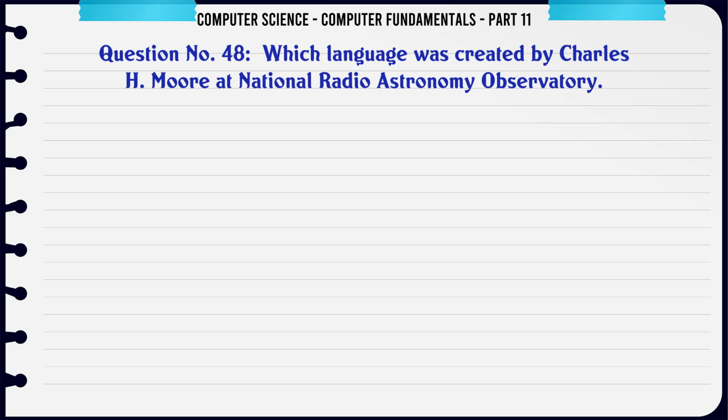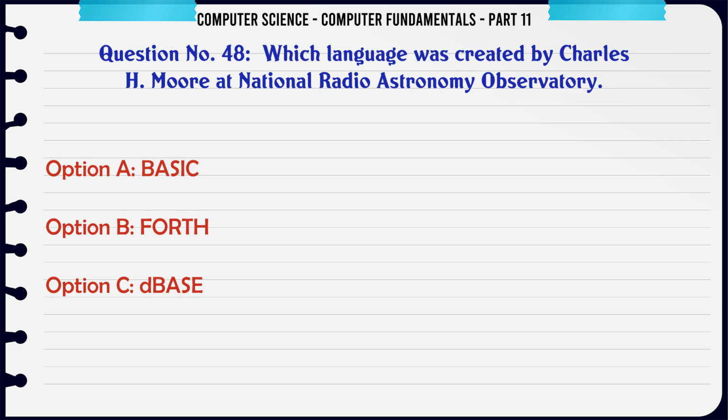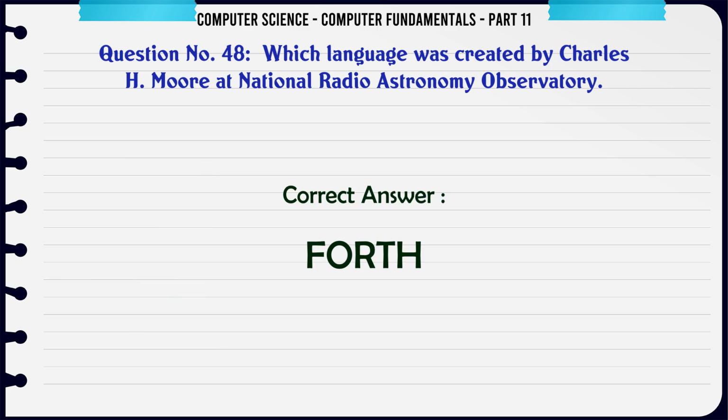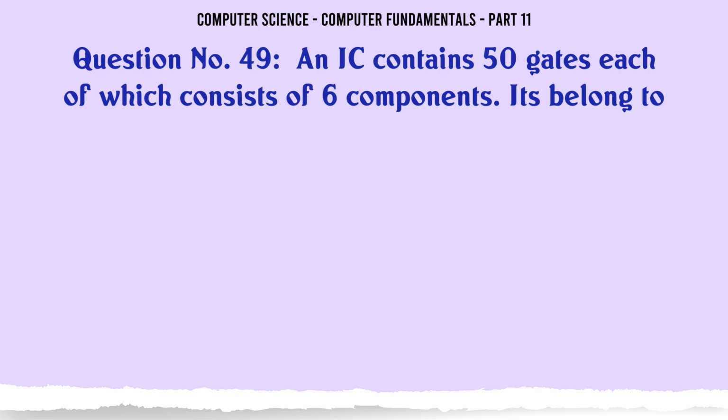Which language was created by Charles H. Moore at National Radio Astronomy Observatory? A. Basic, B. Forth, C. D-Base, D. COBOL. The correct answer is Forth. A chip contains 50 gates, each of which consists of 6 components.